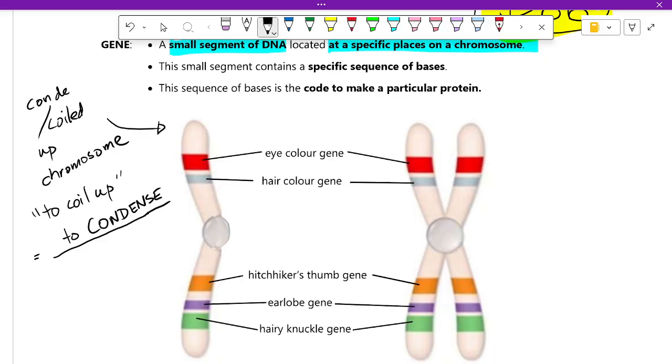What is happening? Oh, well. Okay, anyway, we have a condensed chromosome. And on that condensed chromosome, we have an eye color gene. That is really distracting. I have to go see.